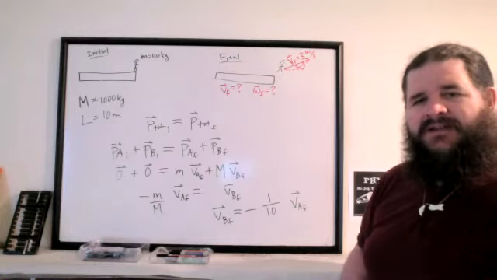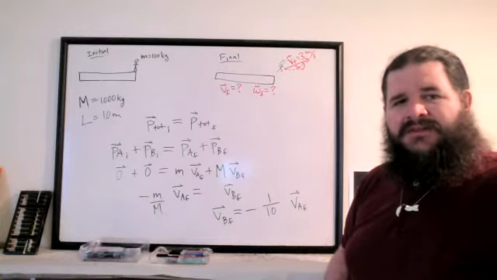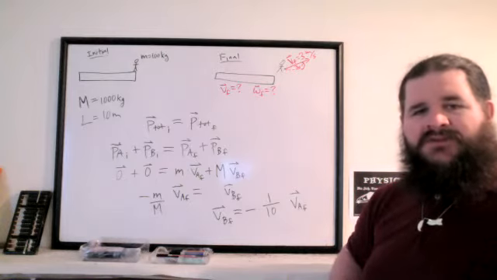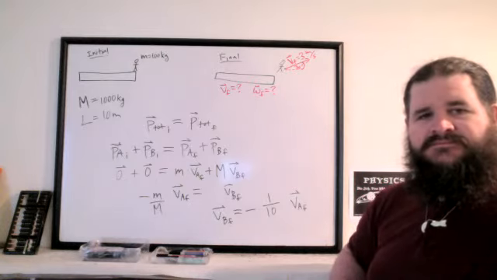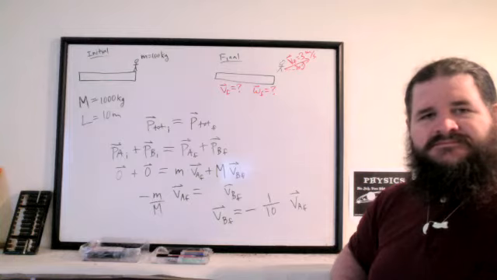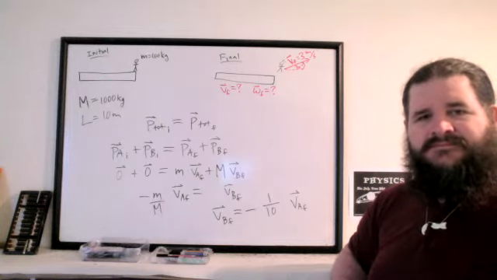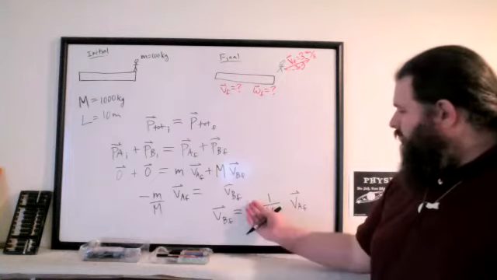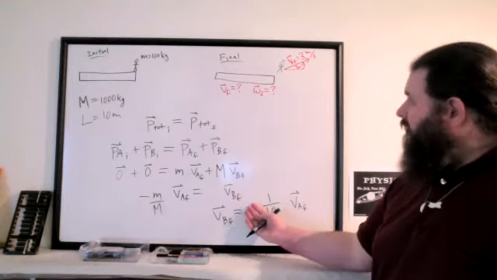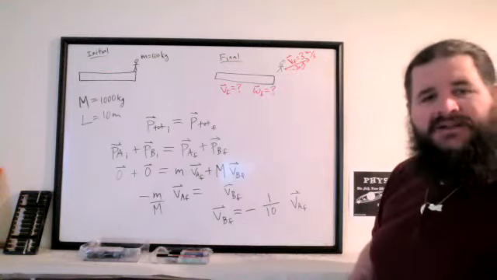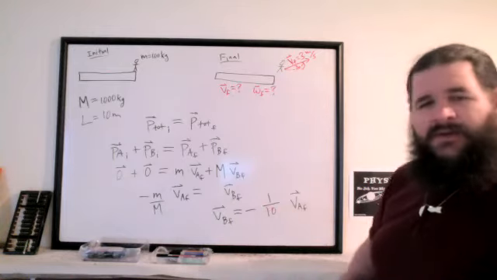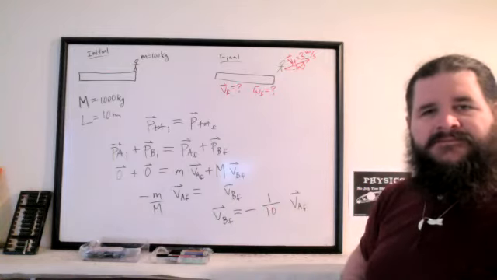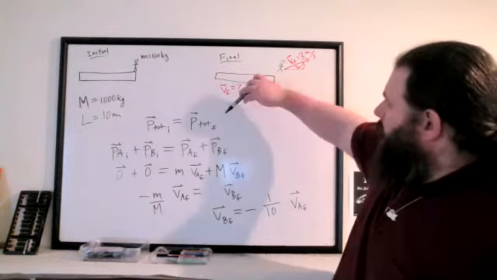If you take some vector and multiply by a scalar, 1/10, you get 1/10 of the size, and what happens to the direction? If there's no negative, it'll be the same direction. Yeah, if we ignore the negative, 1/10 of v_A final is just 1/10 that much, but in the same direction. With the negative though, what happens? The direction is the opposite. Right, we're going to get the exact opposite direction.